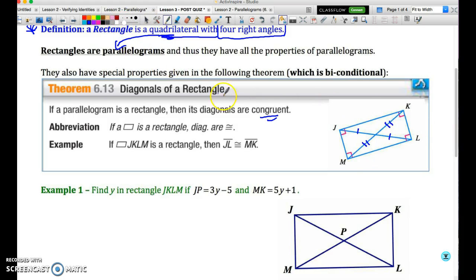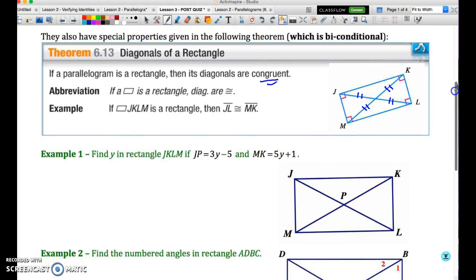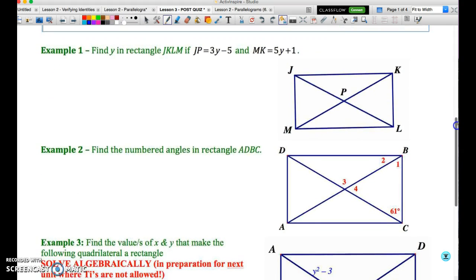The additional characteristic for a rectangle is that in addition to bisecting each other, they are equal in length. Essentially what that means is it results in four equal pieces. The diagonals are broken into four equal pieces, and this is a characteristic of a rectangle. Okay, and so what we're going to do is use these characteristics and properties in our examples.